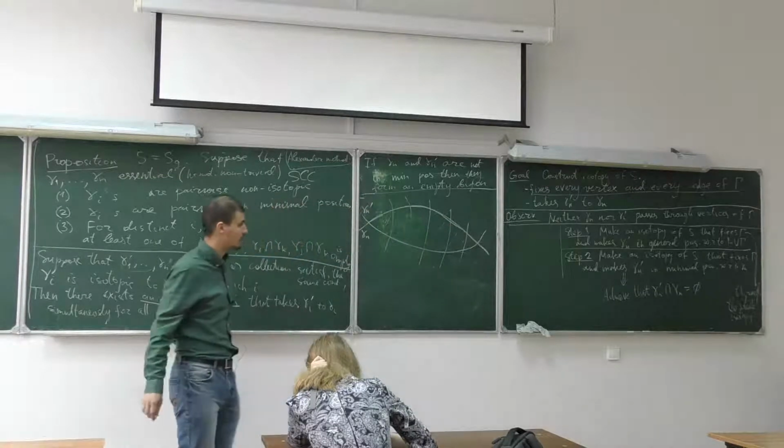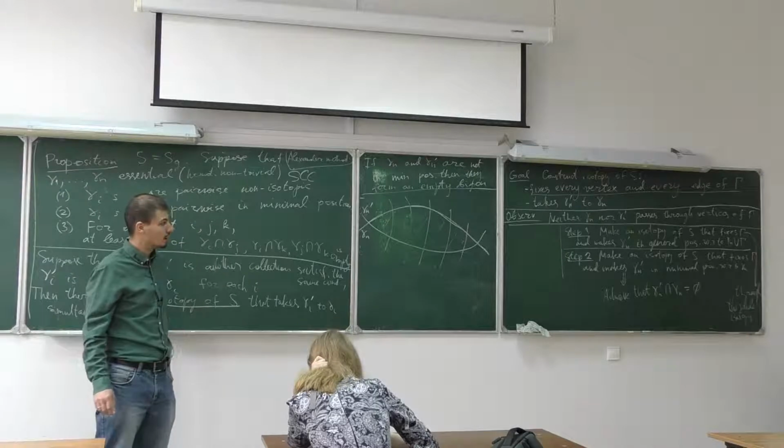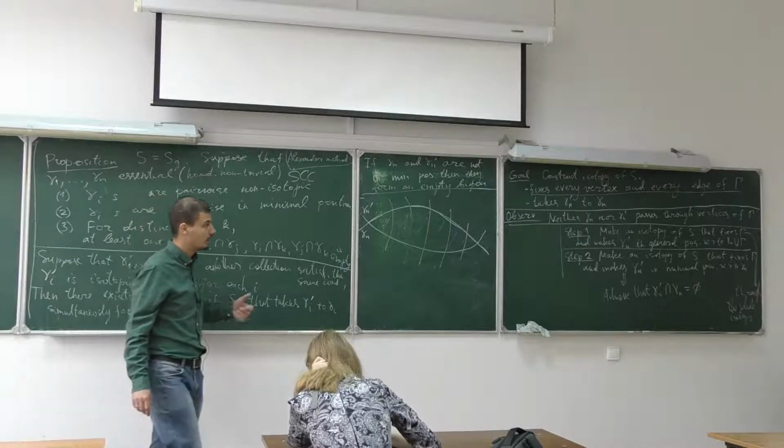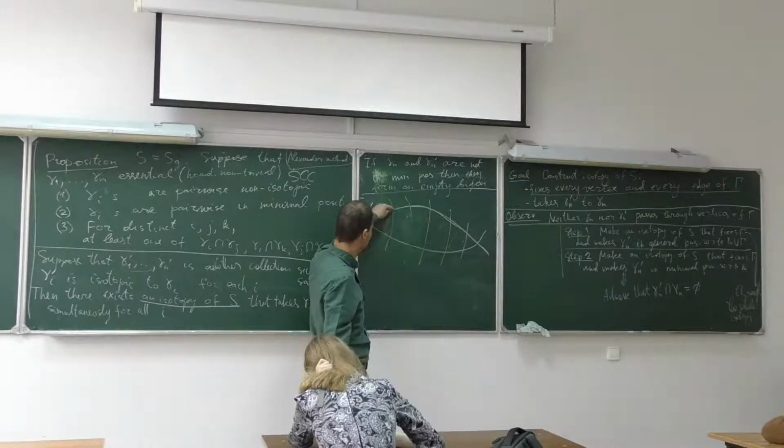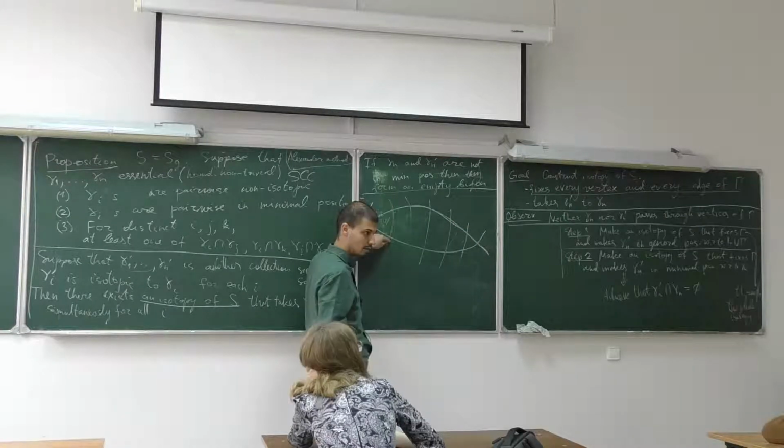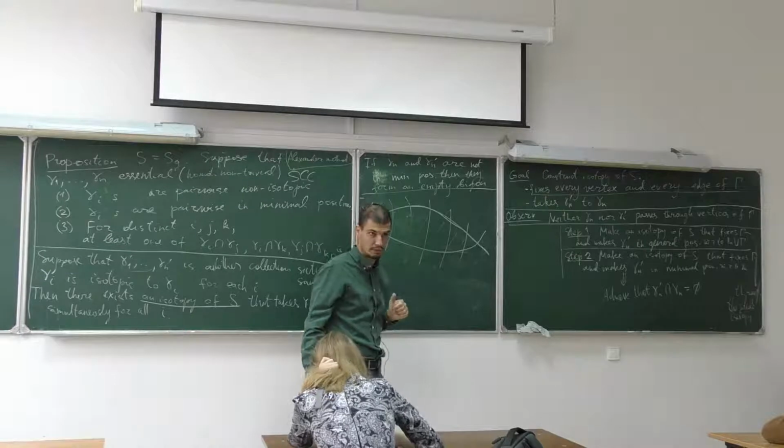We have several disjoint arcs, edges of gamma. We have no vertices inside, and all edges go from this arc to that arc and do not intersect each other.